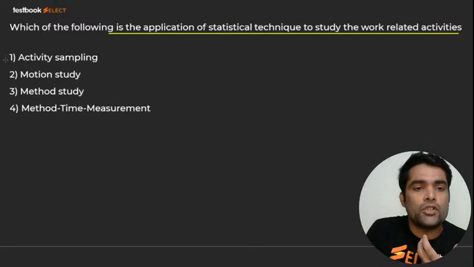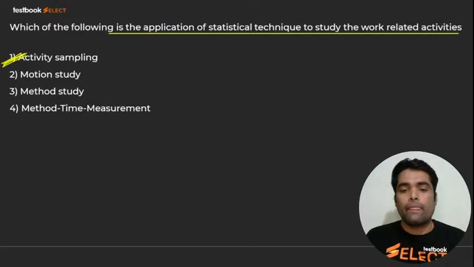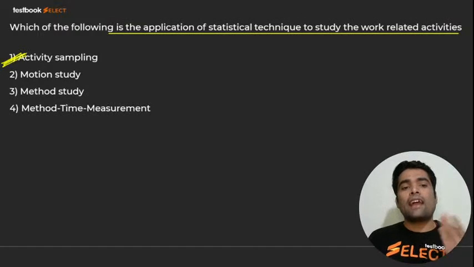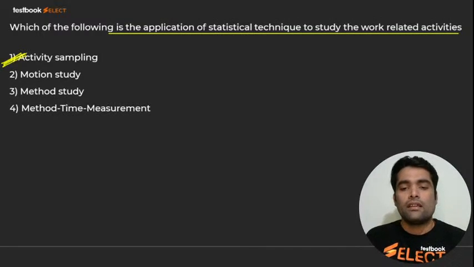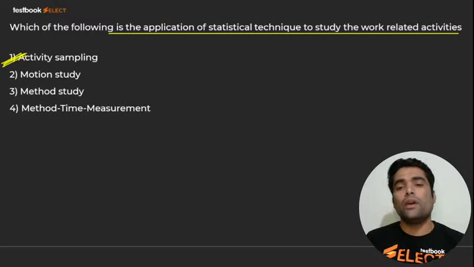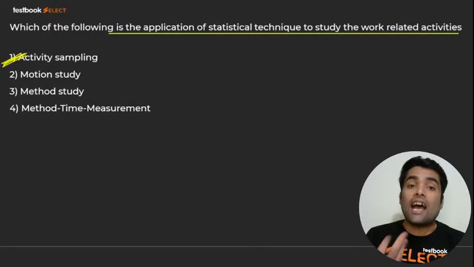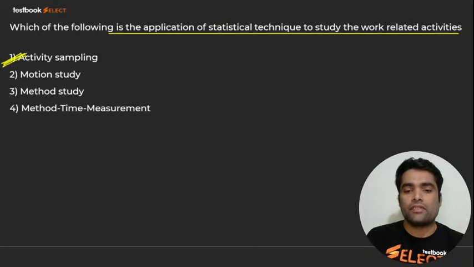So it should be none other than activity sampling. In activity sampling, you analyze the time a worker gives to particular activities.